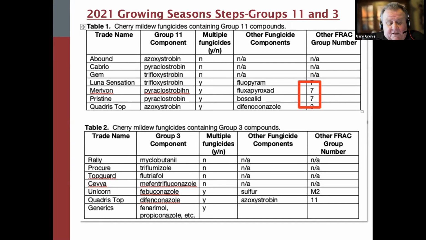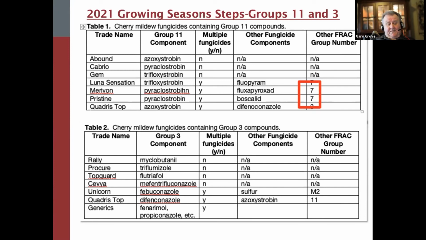And then some cherry mildew fungicides containing group 3 compounds: Rally, Procure, Topguard, Sevia, Unicorn, Quadris Top, and some generics. Again, with the Sevia, it reportedly has a unique binding site in the fungus that may make it behave differently than the other group 3s.